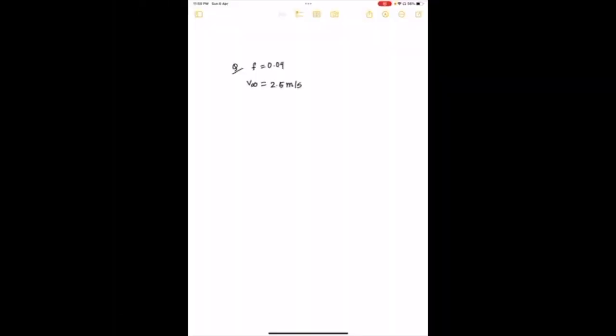Now we'll solve a problem. The problem says in a fluid flow over a flat plate, the given data is friction factor 0.04, V infinite, that is characteristic velocity, 2.5 meter per second, characteristic length LCH 0.5 meter, rho 1000 kg per meter cube, and dynamic viscosity mu 0.001 Pascal seconds.